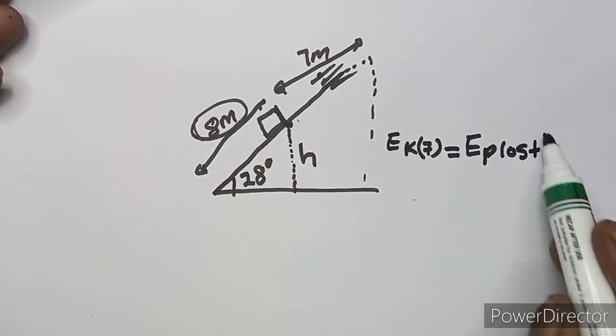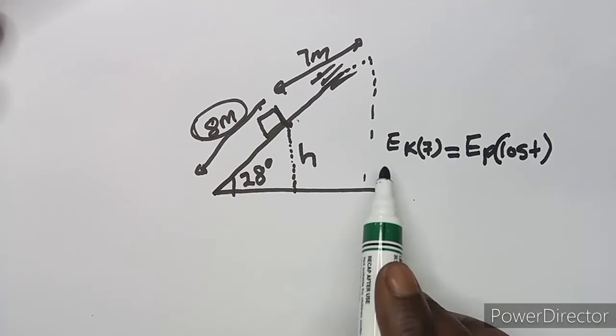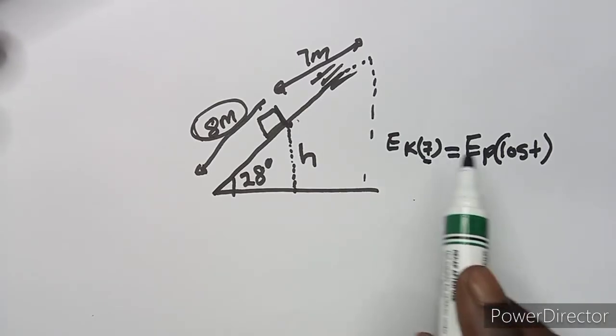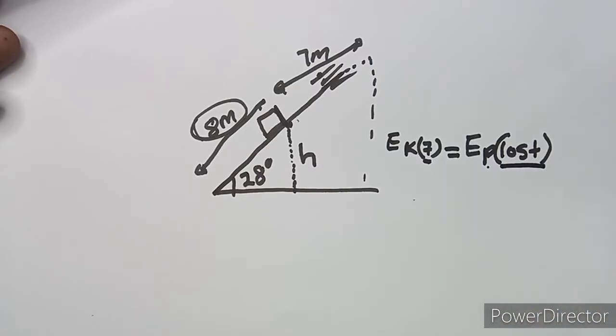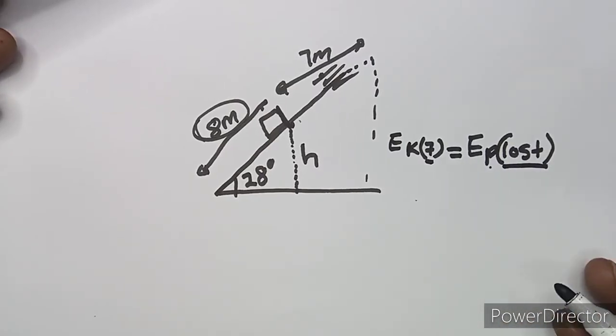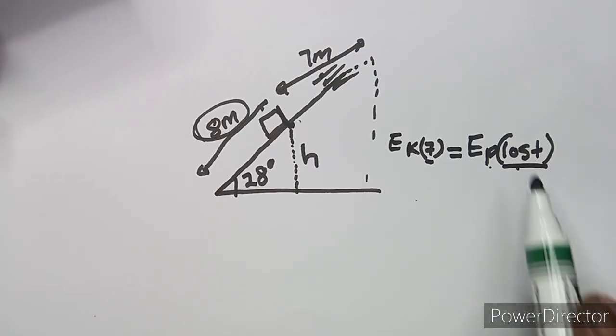Take note, guys: the kinetic energy when it has moved 7 meters is equal to the potential energy that is lost. So how are we going to determine this potential energy which is lost?